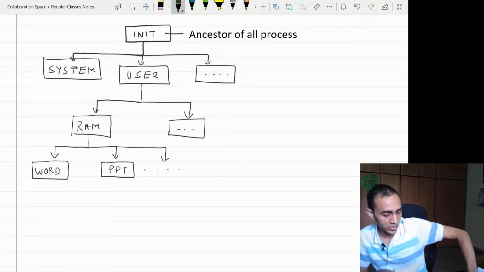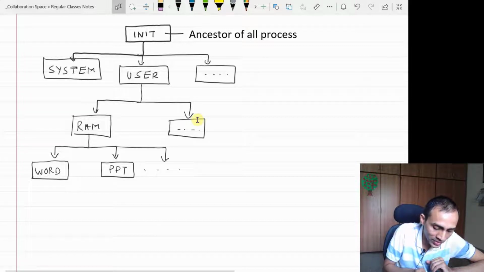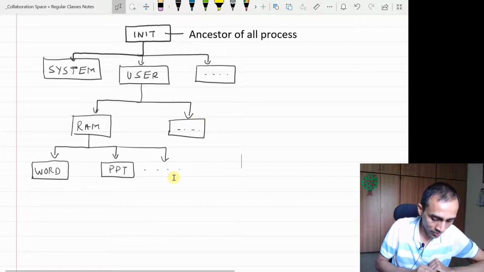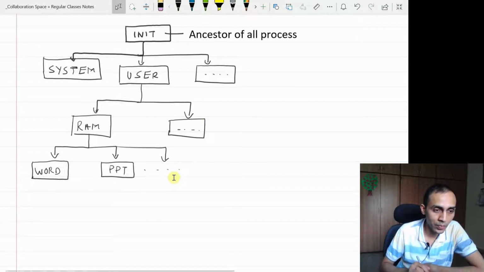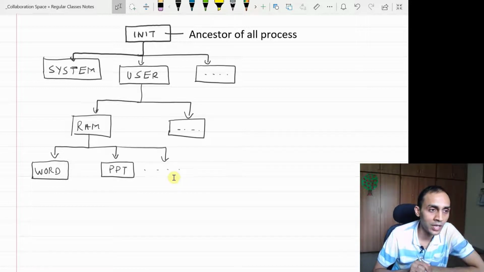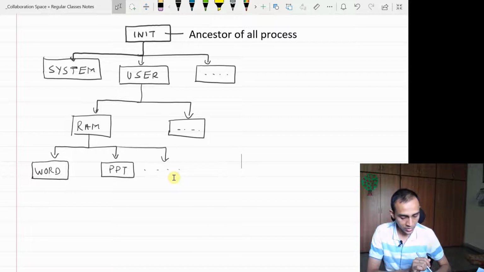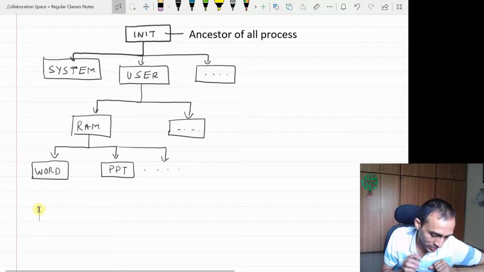Every process has a parent, and it may also have children. The ancestor of all things is called the init process. It is responsible for all other processes. It has control and can kill any other process. Normally, a parent process can only kill its child process. No other process is allowed to kill other processes. But the init process has control over all the processes.